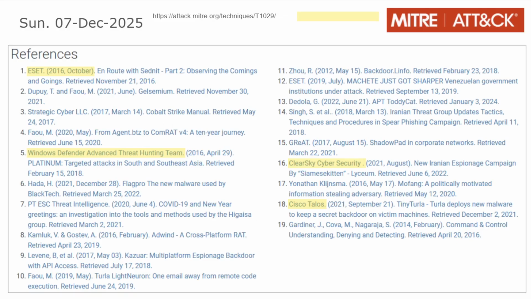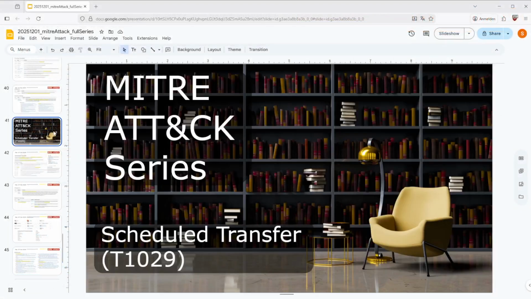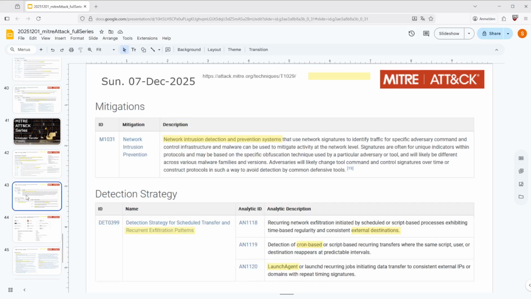It's a quick topic. So let's go to the editing view. In this scheduled transfer topic, we looked at the general overview. What does it mean? What is behind that? What procedures do we find? We know it's exfiltration. It's fairly at the end. We then looked at mitigation and detection strategy.